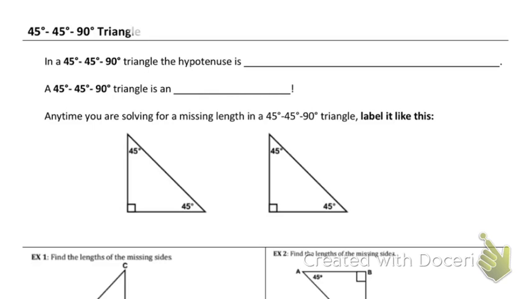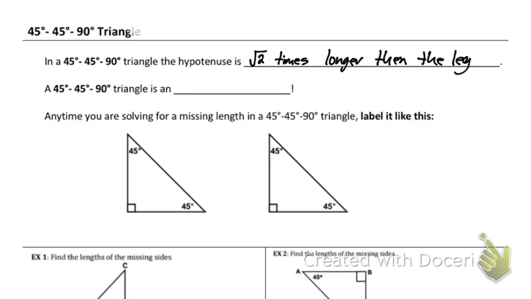In a 45, 45, 90 triangle, this is always going to be true: the hypotenuse is square root of 2 times longer than the leg.